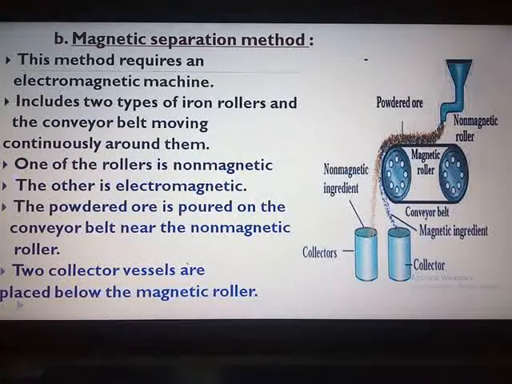Look at the word. This method tells you that somewhere the magnetic properties come into play. Now this method requires an electromagnetic machine, and it includes two types of iron rollers and the conveyor belt moving continuously around them.